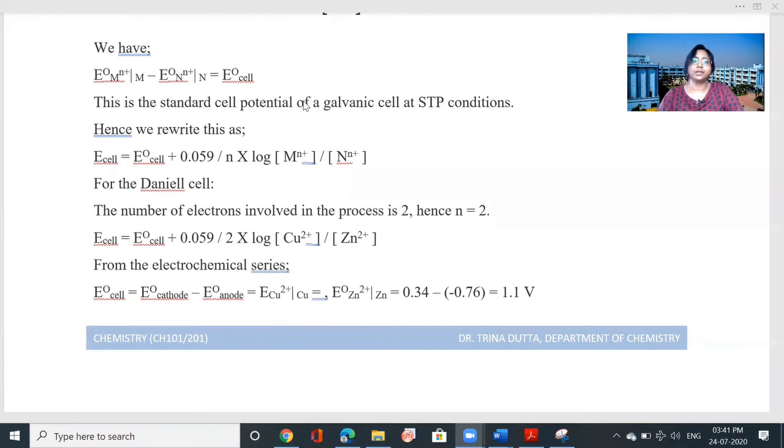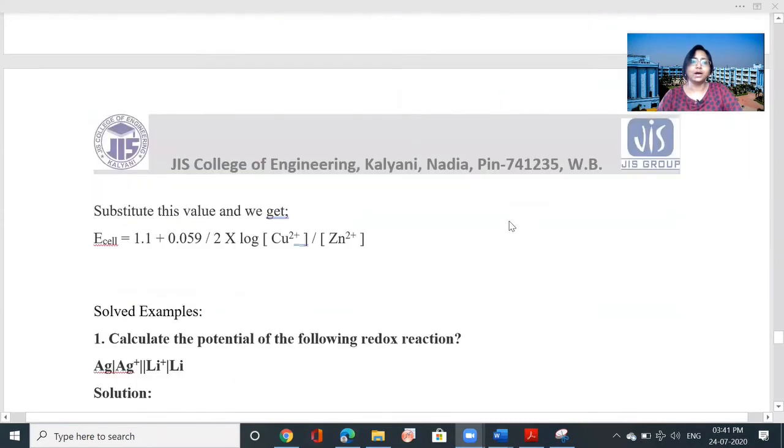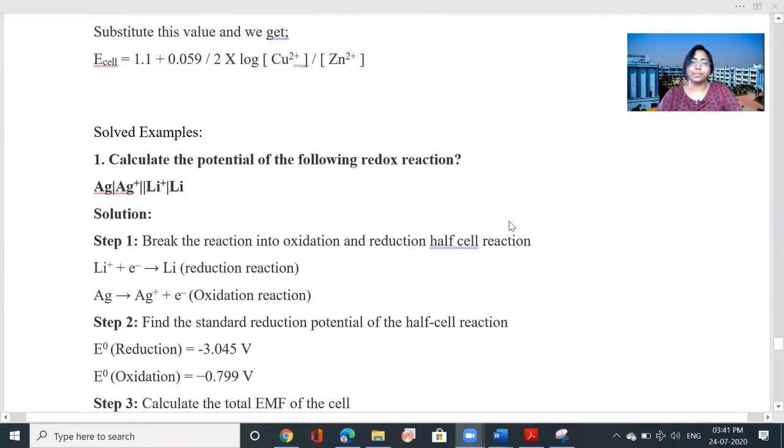So here you put 2. From the electrochemical series, we got these values, so we can write them and calculate the cell EMF. So you have learned how to calculate cell EMF.